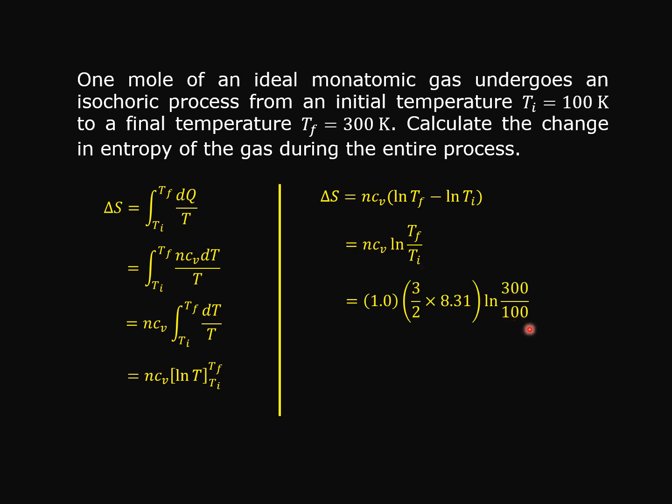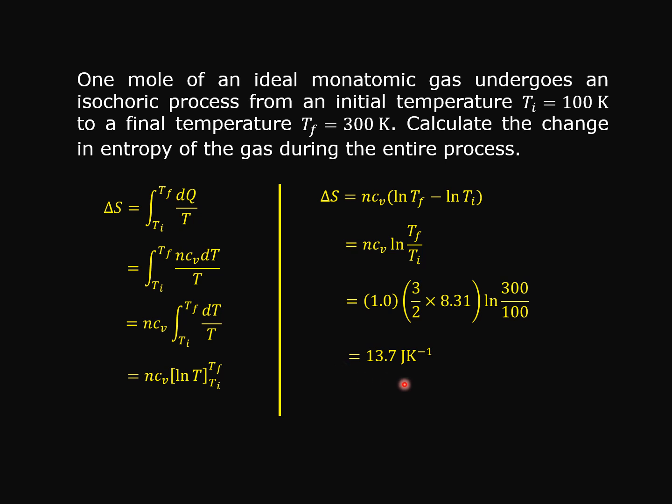We start to substitute the values given in the question, where Ti is 100 Kelvin, Tf is 300 Kelvin, and n is the number of moles, which is 1 mole. Cv for a monoatomic gas is 3/2 R. We take the gas constant R as 8.31.